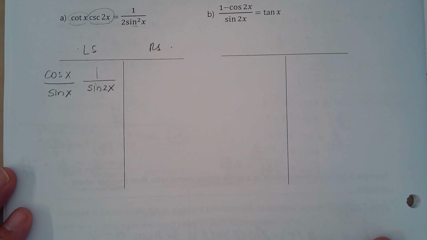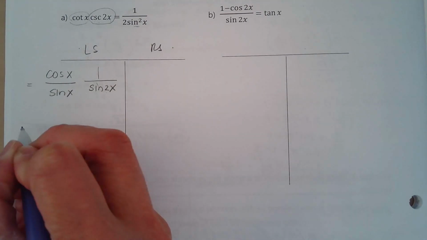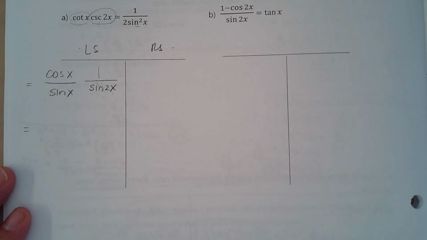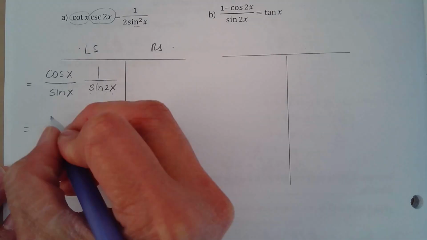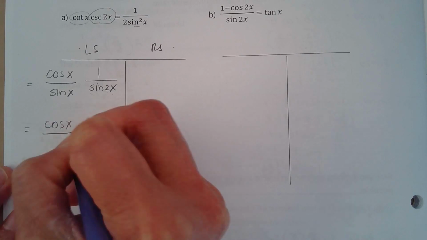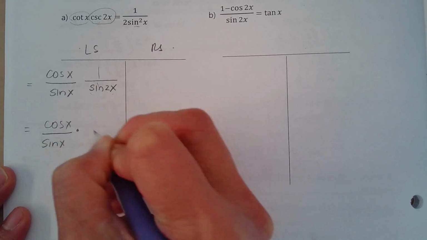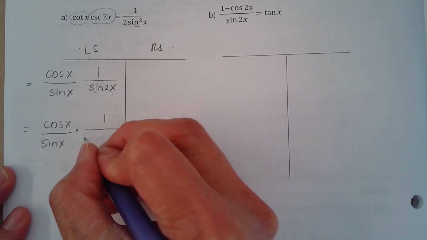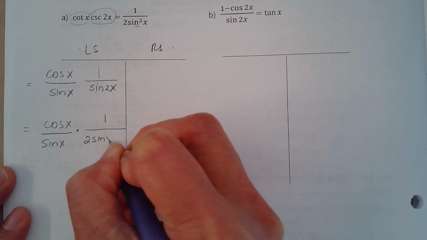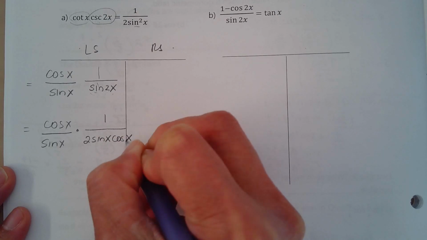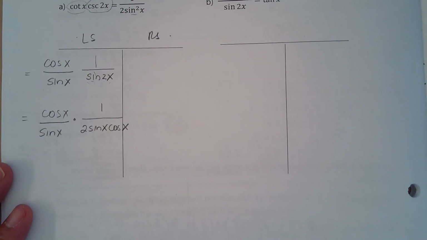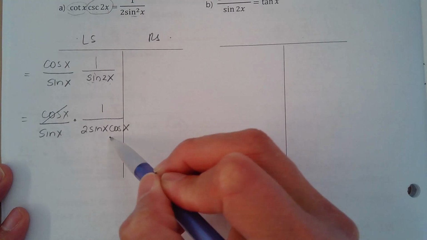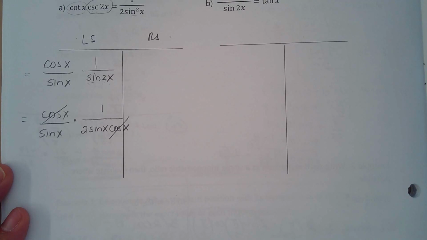Okay, well, where do we go from here? Well, sine 2x can be written as 2 sine x cos x. And then from here, I can see the cos x will cancel that cos x.